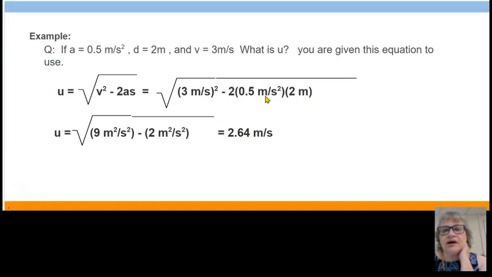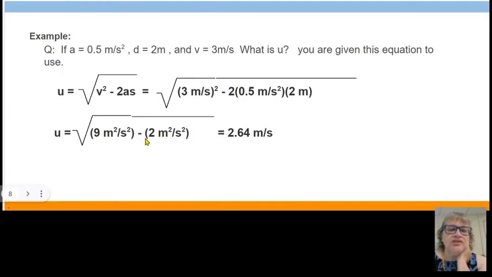Look at our units. I have m/s squared, and I have an m. If we're going to multiply those together, the meters and the meters multiply together, so I end up with meters squared. Notice now on the inside here, we have the same units. Anytime that you're adding or subtracting numbers together, the units have to be the same.